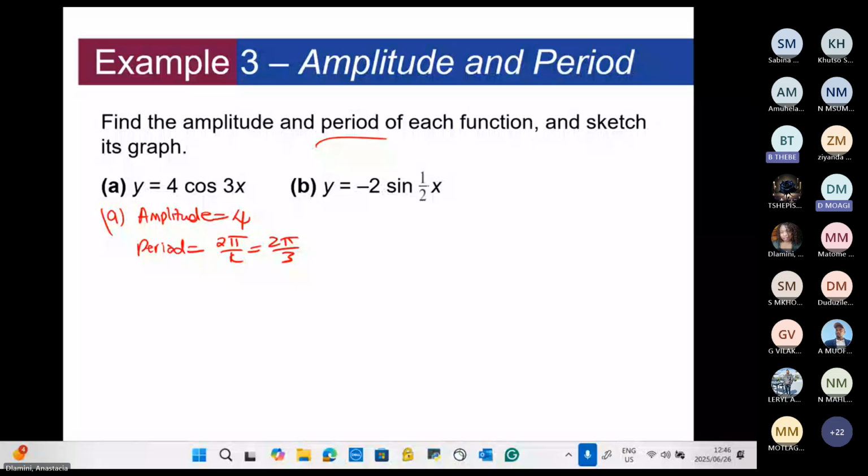8 pi over 3. It's pi over what, guys? Ma'am, don't we divide 2 pi by 3 first before we divide it by 4? Pi over 6, right?